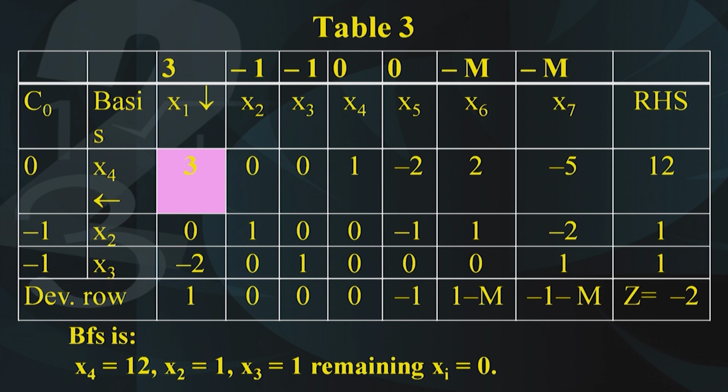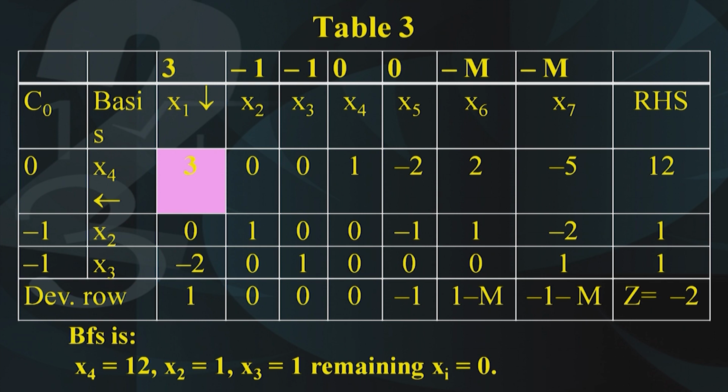So, again we repeat the process, we obtain the deviation rows as before, and before we do that we need to make the necessary changes in the C0 column, because now the basis has changed. The coefficient of x4 is 0, the coefficient of x2 is -1, coefficient of x3 is also -1.